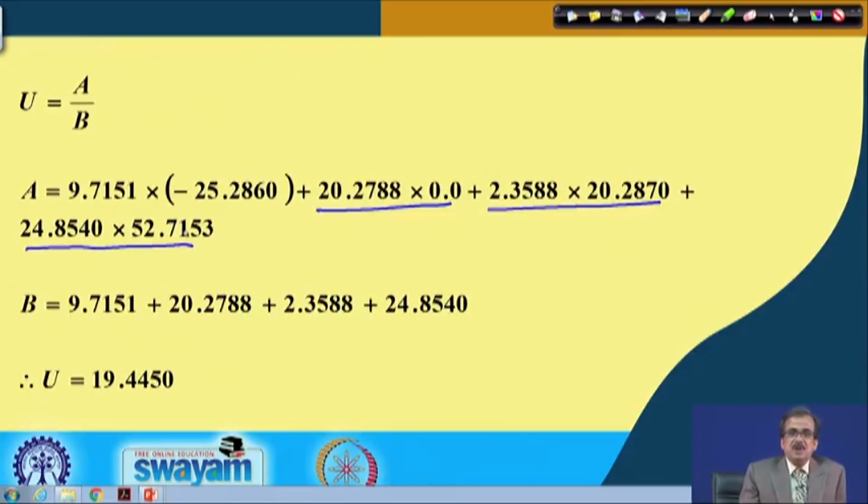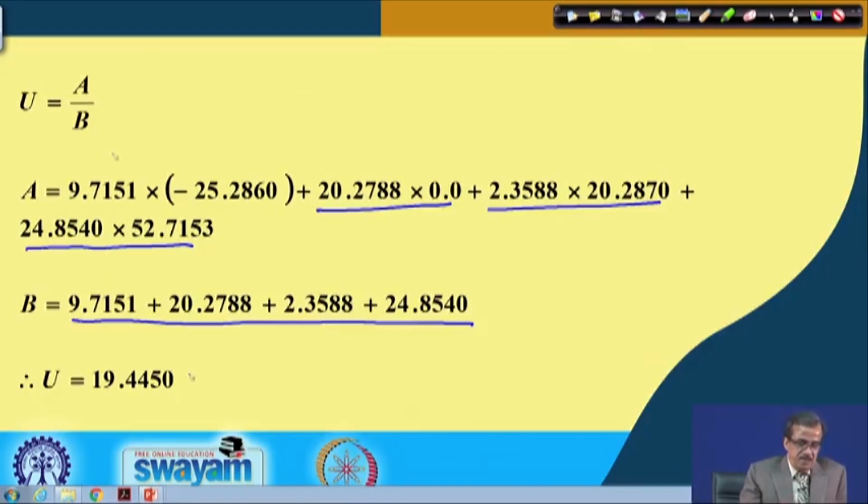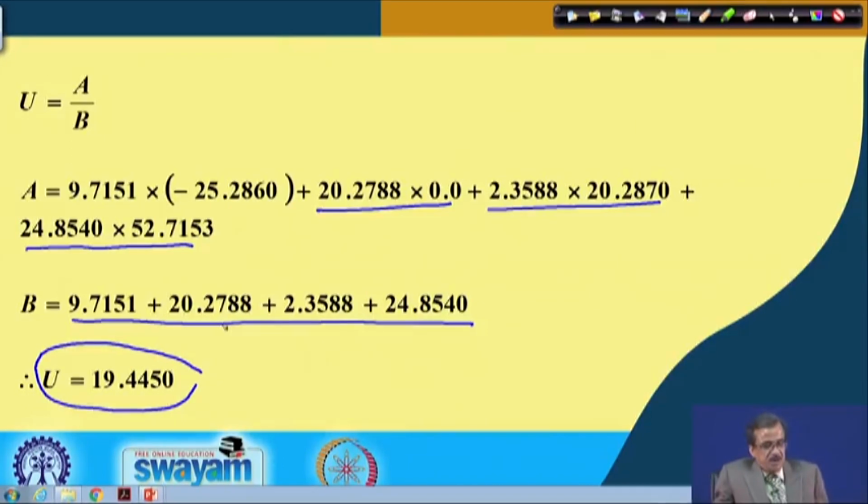There are 4 regular subregions, and here we add all the area values, and if you calculate A divided by B, you will get the crisp value, that is nothing but 19.4450. So, this is nothing but the crisp output corresponding to the four fired rules. This is the way you can find out the crisp output using the centroid method.